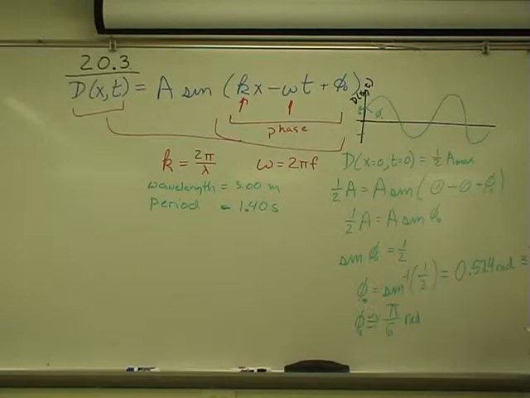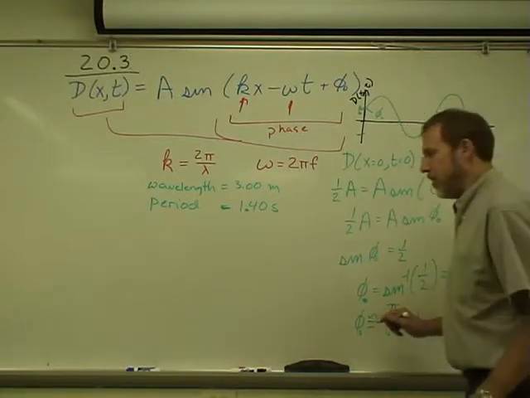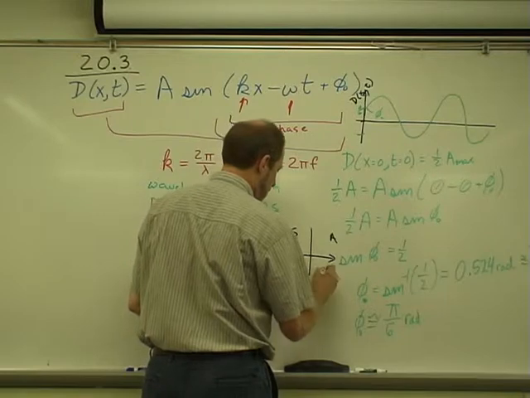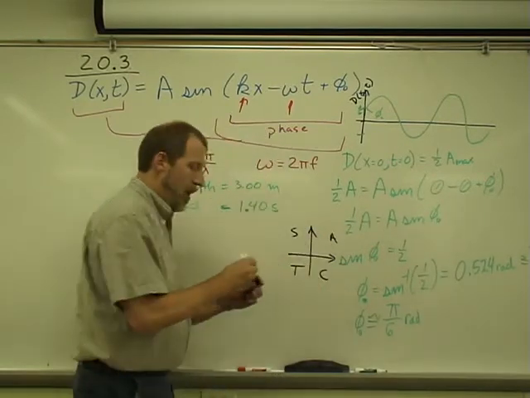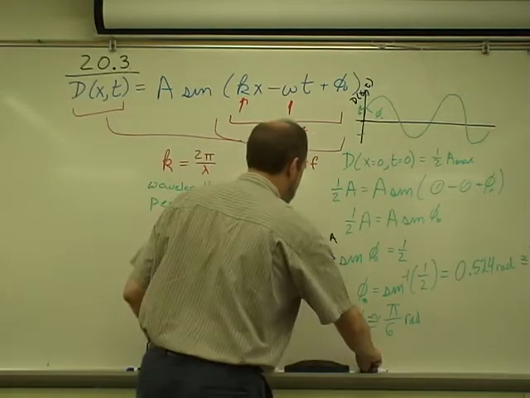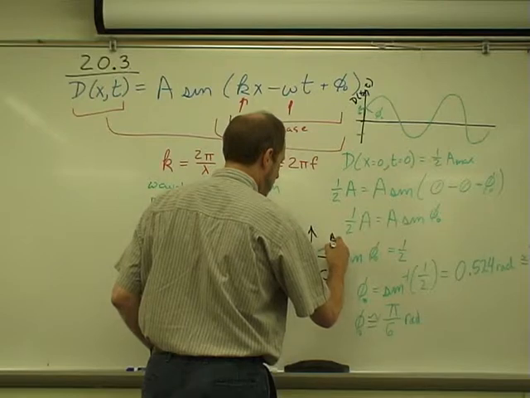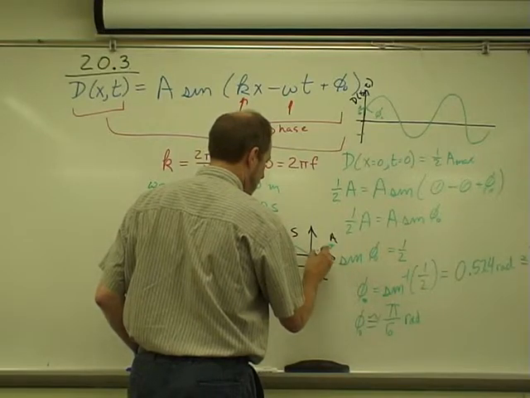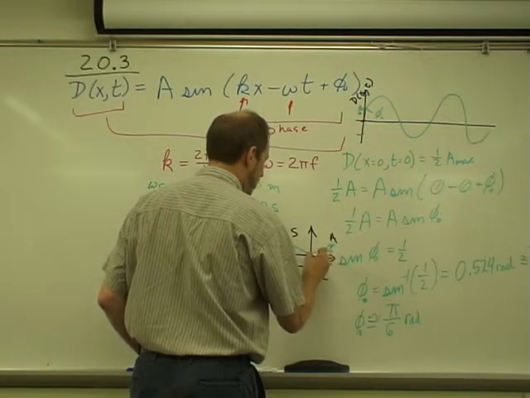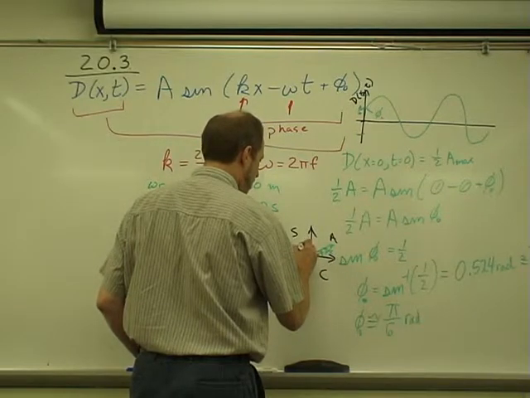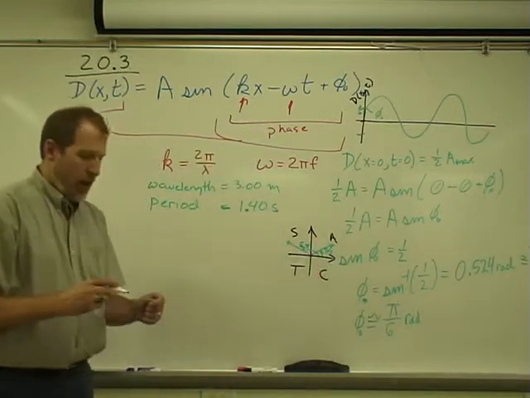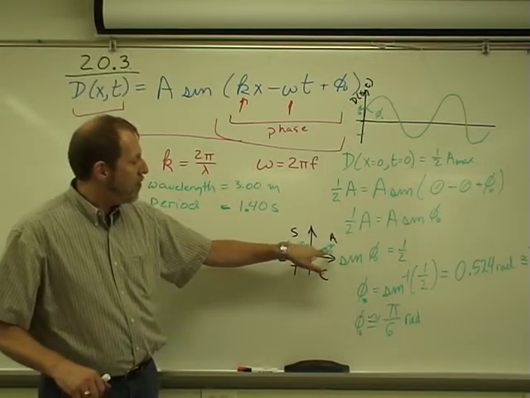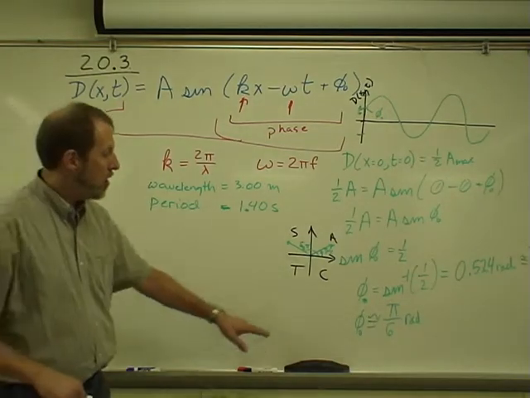Now, we're not quite done. In this example, we're not quite done finding that phase constant because I know that in this quadrant, pi over 6 or 5 pi over 6, both of those angles, because sine is the same in both of these two quadrants, will both work in this equation.